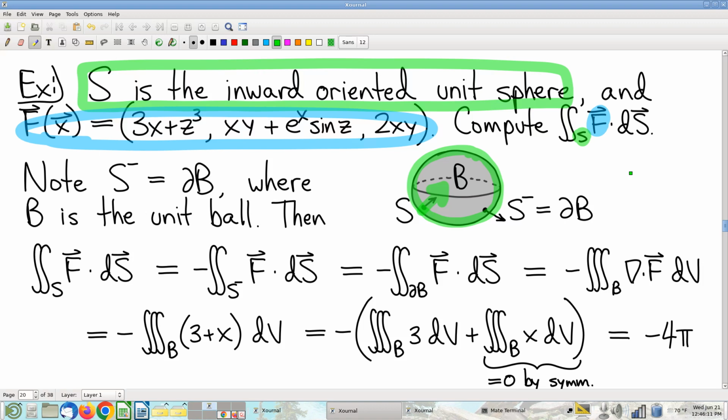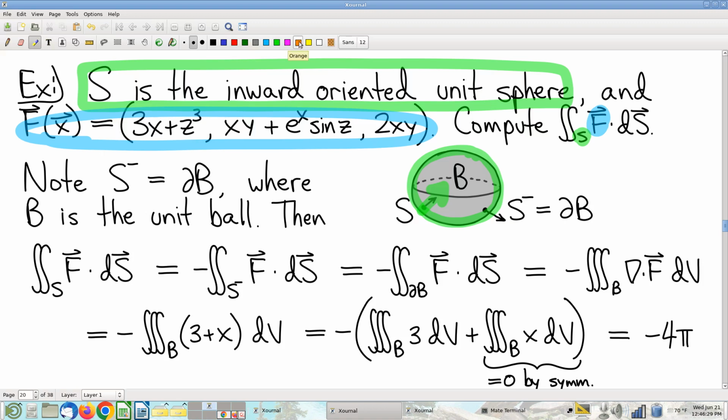Let's just take a quick moment to speculate on how we would do this. If we were to take the old, classical approach, we would have to say, okay, I guess I'd better parameterize that sphere. But again, this is a really bad plan.